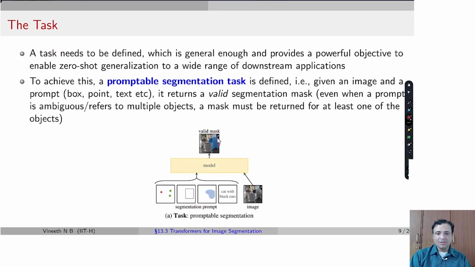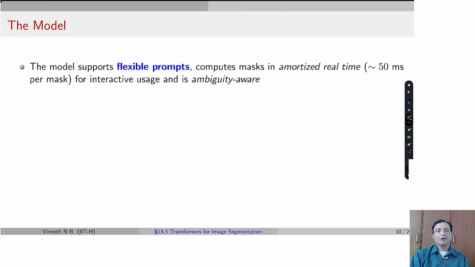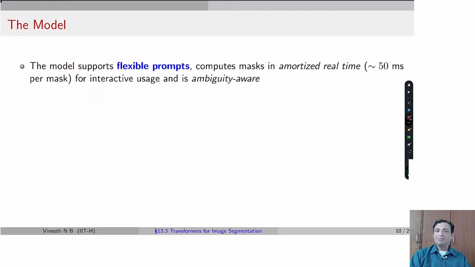Okay, so here is a valid mask where you prompt using, say, a mask. In this particular case, you give the image and the valid mask is a refinement of the original mask given with a corresponding label. The model supports flexible prompts.